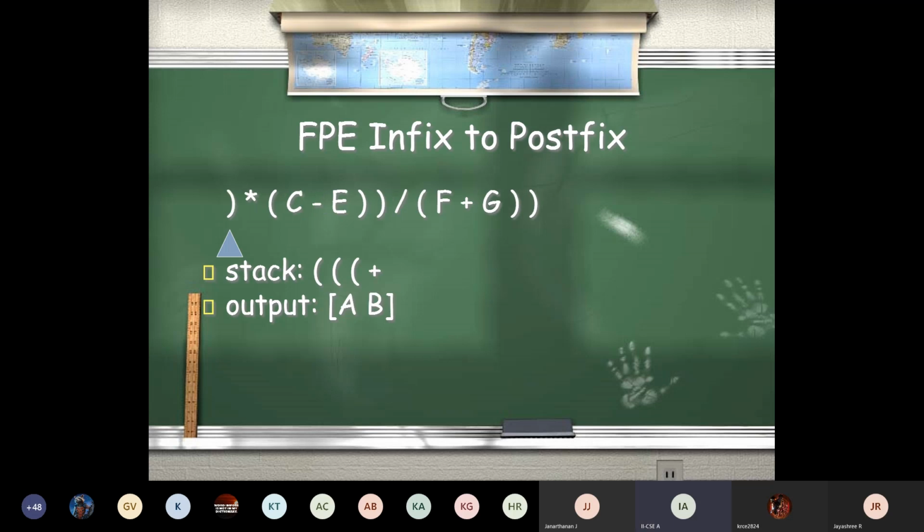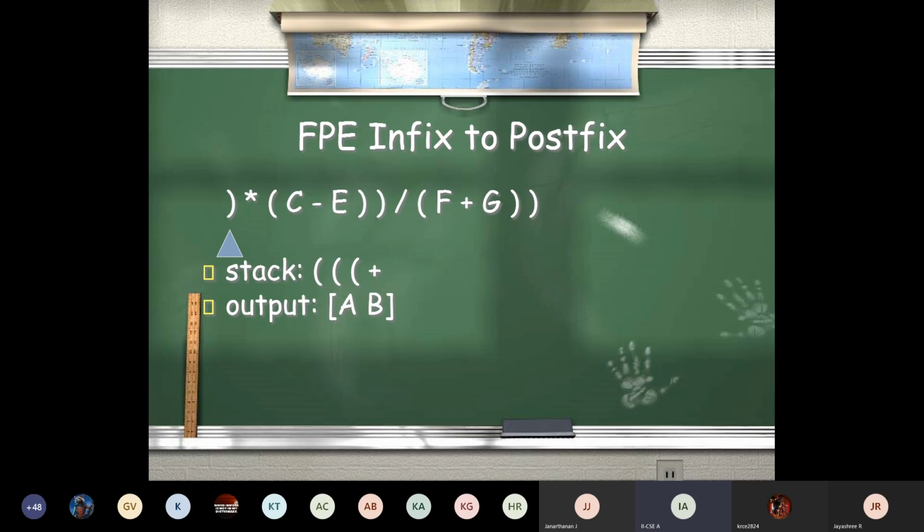Then when you are having a closing bracket, what I told you, your open bracket and closing bracket should match. So when you are having a closing bracket, I am going to pop contents from your stack till an open bracket is reached. Your stack top now holds plus. Now you have to remember the last in first out principle.